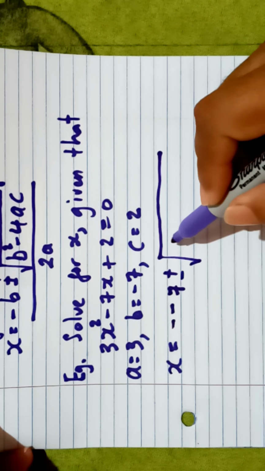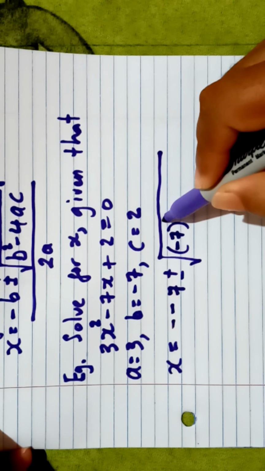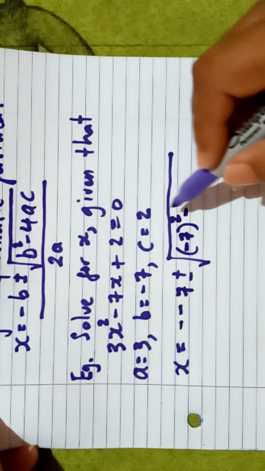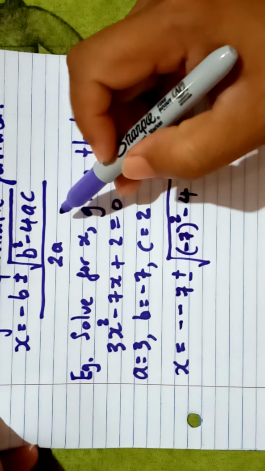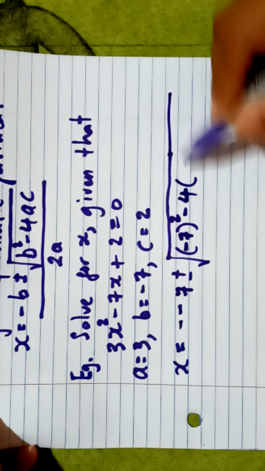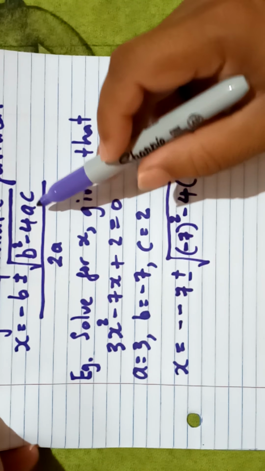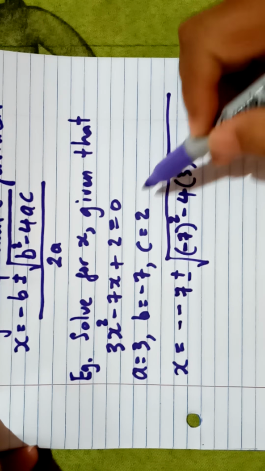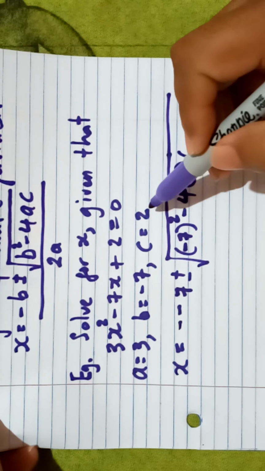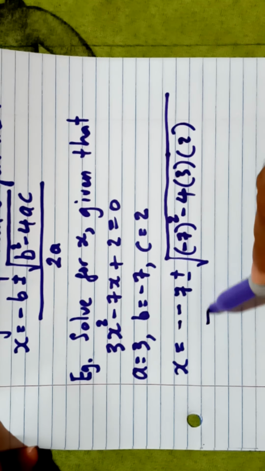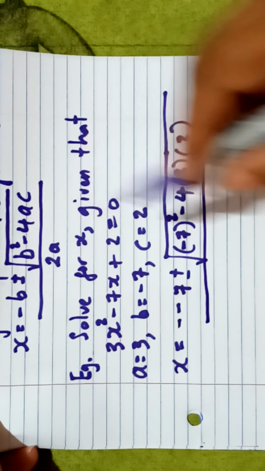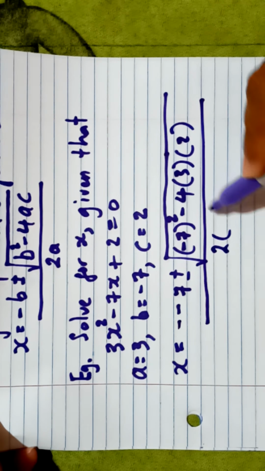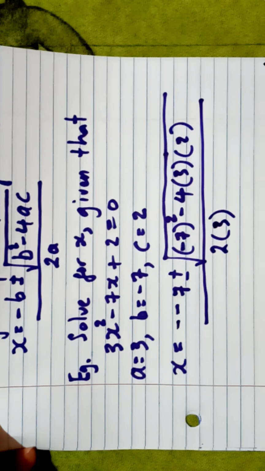That's going to be negative 7 squared, take away, from the formula, 4, multiplied by a, and a is 3, multiplied by c, and c is also from the formula 2, all over, according to the formula, 2 multiplied by a. And a here is 3. Alright, so proceeding.